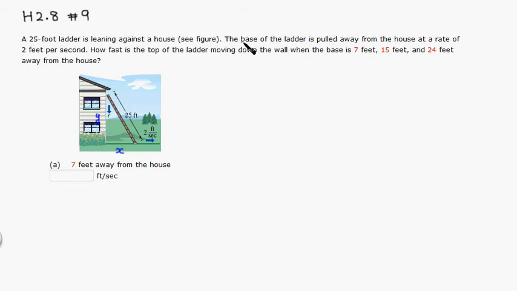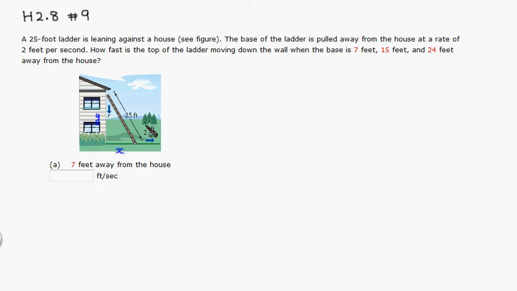The base of the ladder is pulled away from the house at a rate of 2 feet per second, which means this is the rate of change of x, because the distance between the base of the ladder and the base of the house is x.